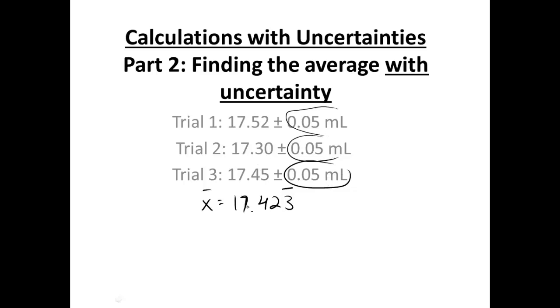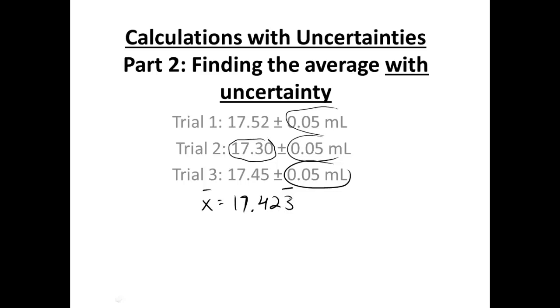So the way to calculate the uncertainty for this average is to look at which of these 3 values is furthest away from the average, or the mean that we just calculated. And it looks like this one is the furthest away from 17.423.